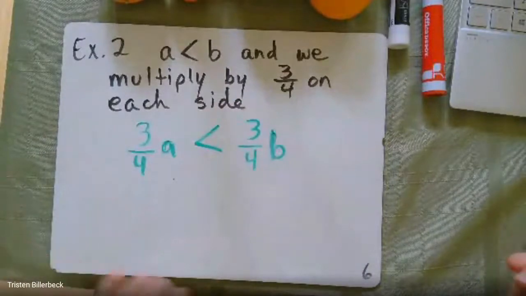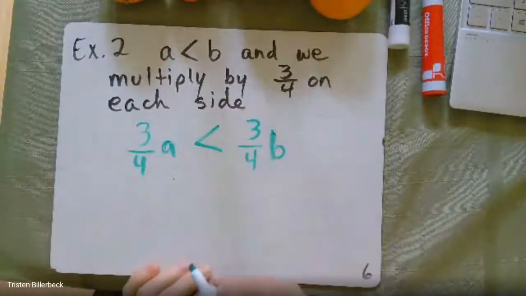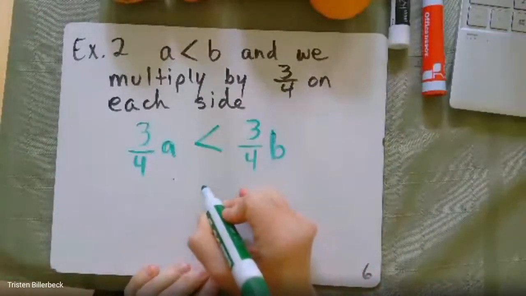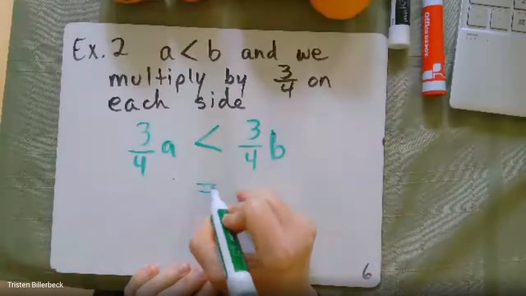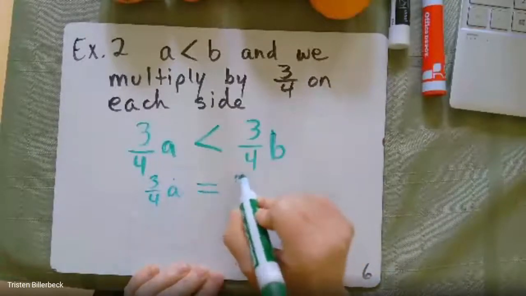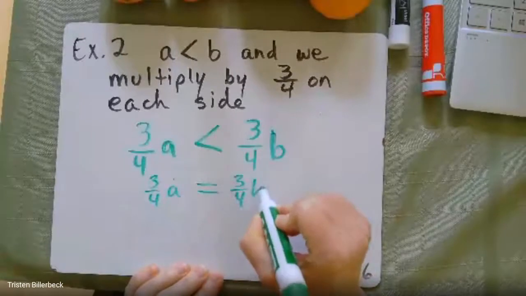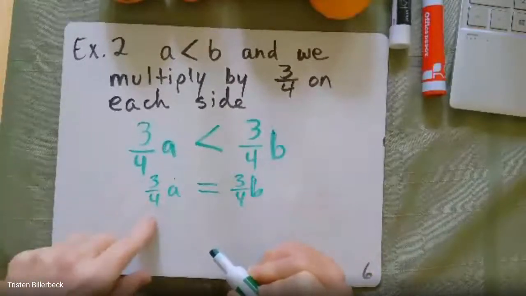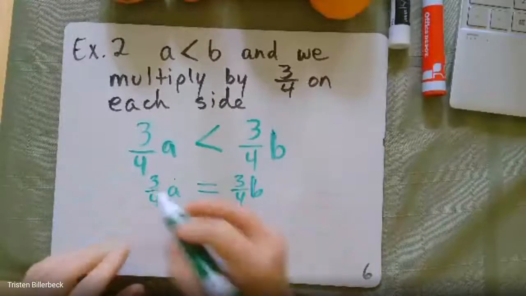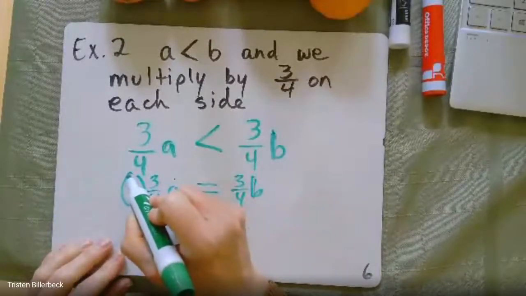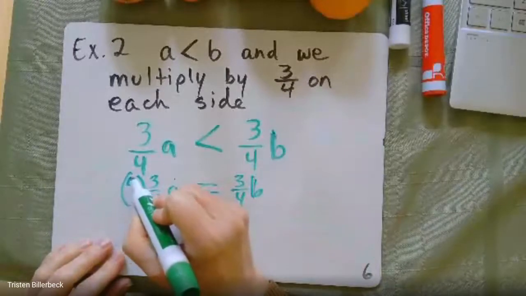Now, if we do that pretend thing and simplify the problem to one variable, we pretend it's equal for a moment, just so we're not freaking out over an inequality. We want to get this A by itself, so we multiply by that fancy word, that's right, reciprocal.